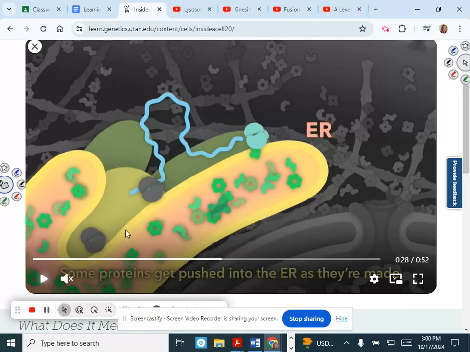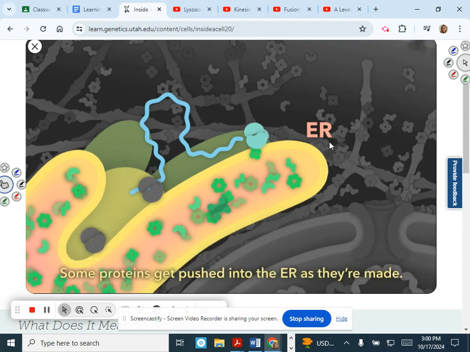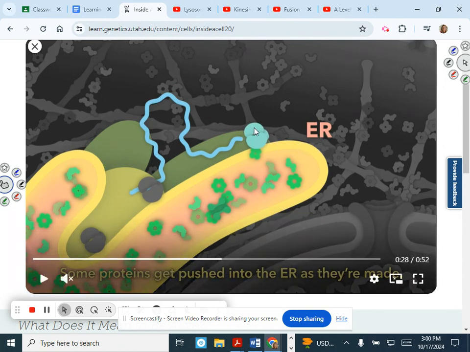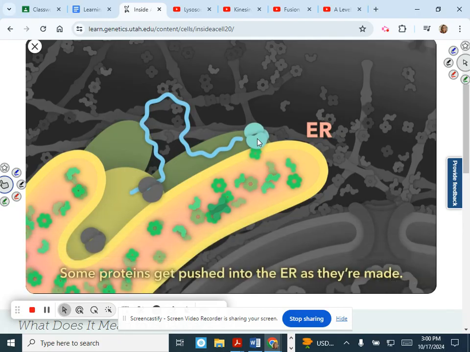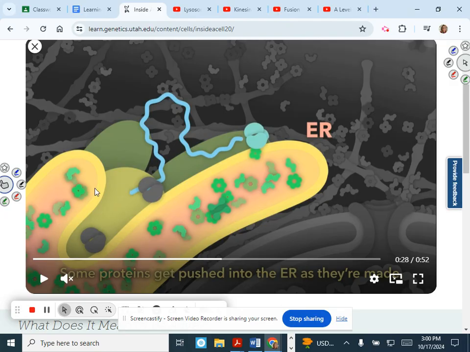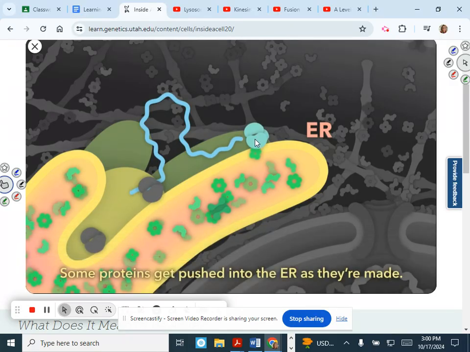But then notice that we have some ribosomes that are on this structure, and this structure is called the ER, which is short for endoplasmic reticulum. Now, because this rough ER has ribosomes on the surface, if you look at it under a microscope, it's going to look really rough because it's got thousands of these little tiny dots, these ribosomes all over it. So it kind of looks almost like sandpaper.